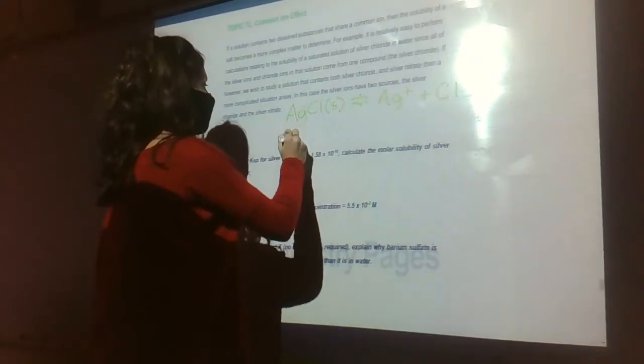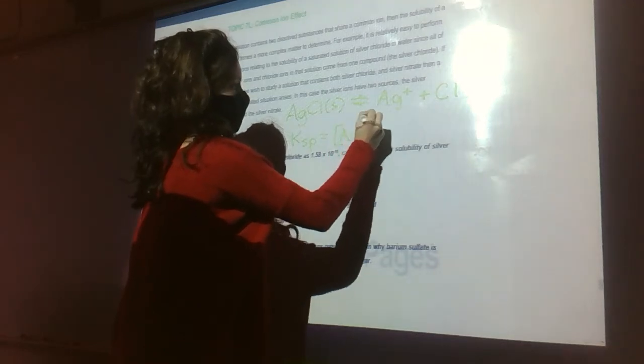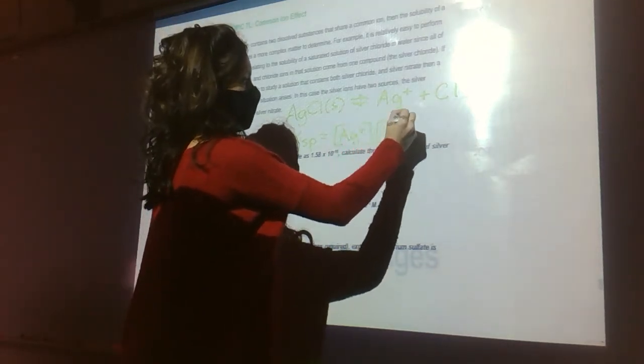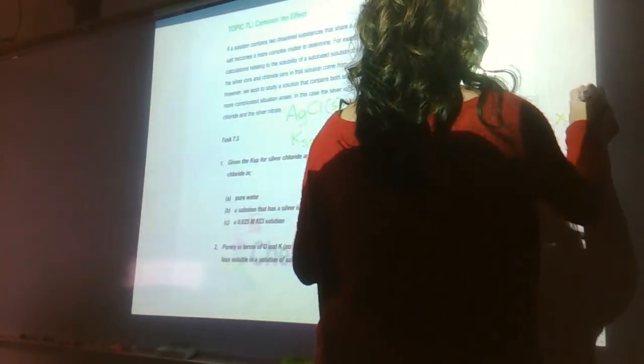And my K equation would look like that. And they tell me it's... because it's a 1 to 1 to 1 ratio, we can say that this is x squared, right?